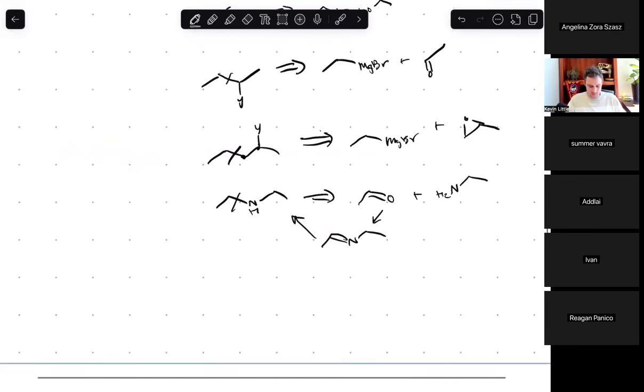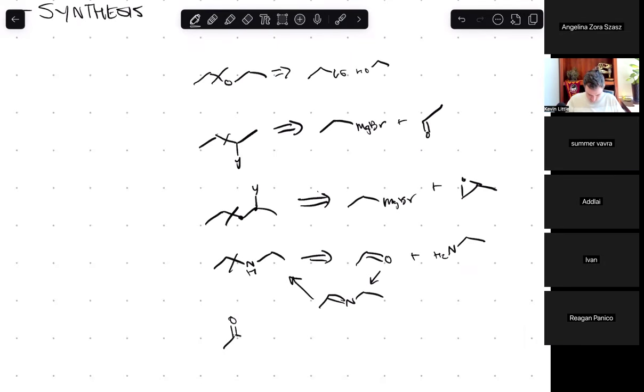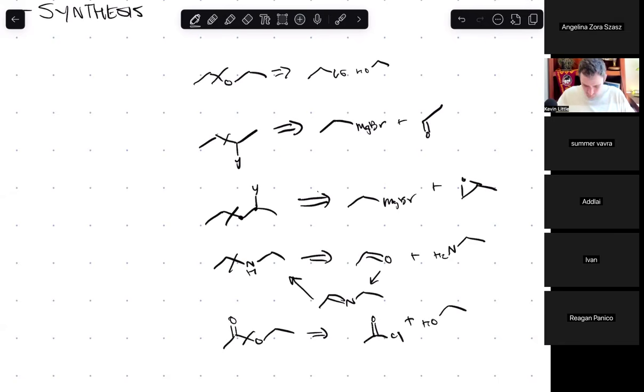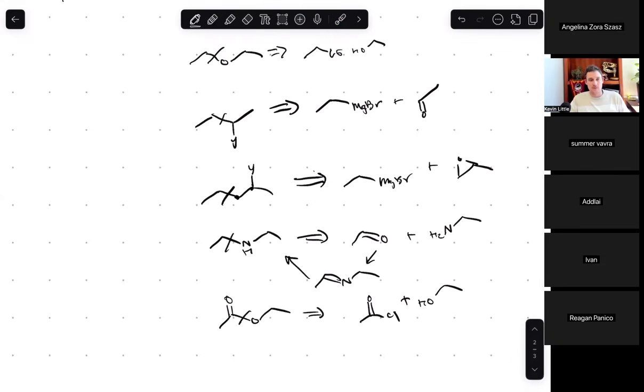The acyl chloride one, I think, is pretty straightforward. So if you've got this, so really these are all the major bond forming reactions. These are anything that you could potentially do in a retrosynthesis.